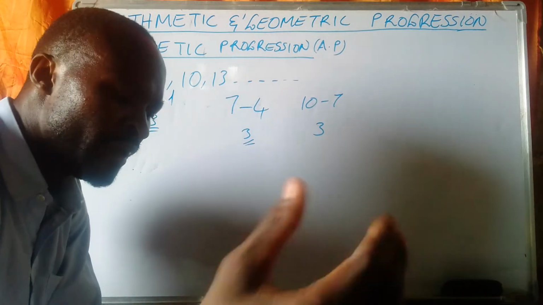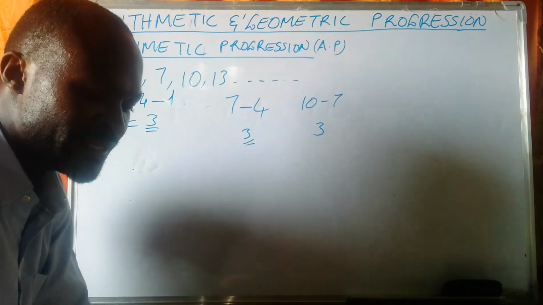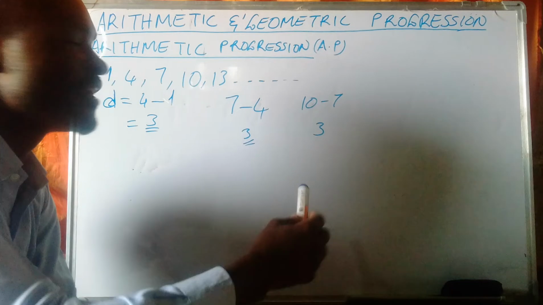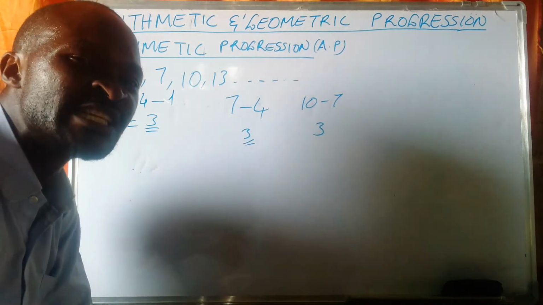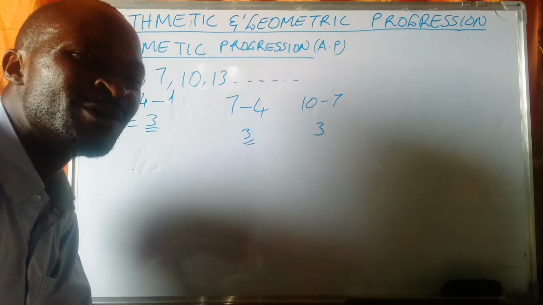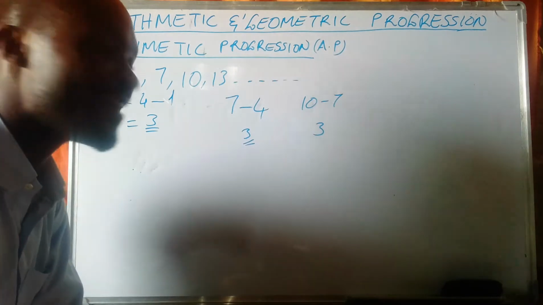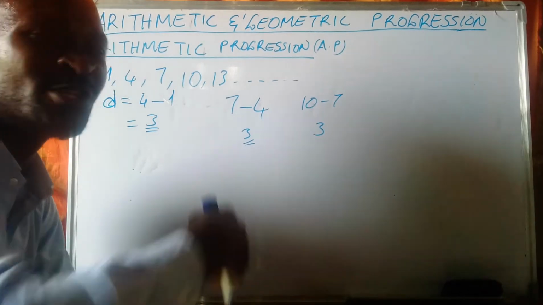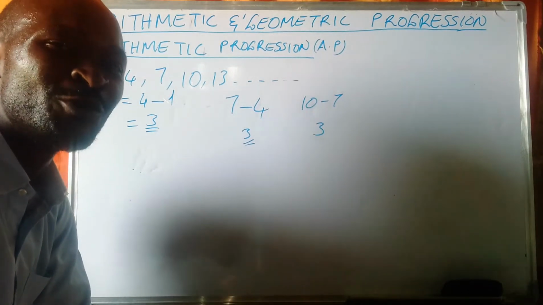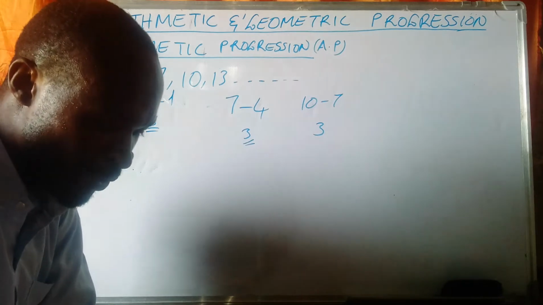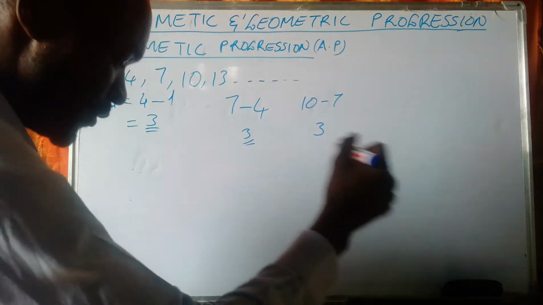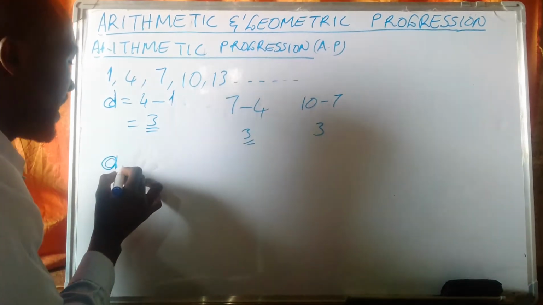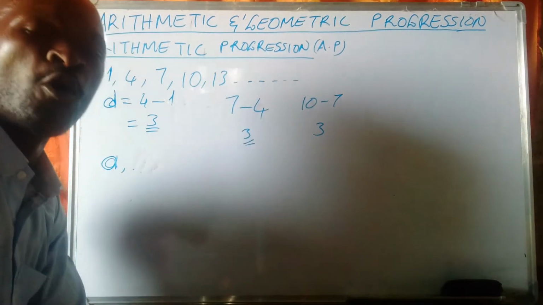Now, let the common difference of an arithmetic progression be D and the first term of the sequence be A. To come up with the formula, we do it like this. We say A is the first term, then comma.